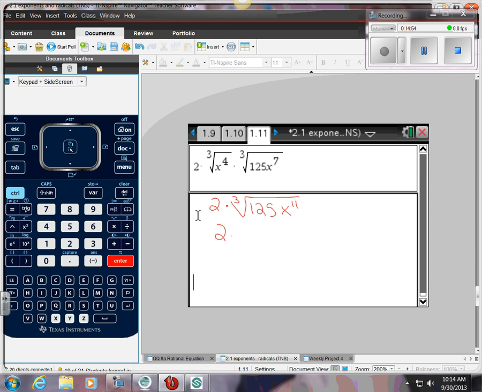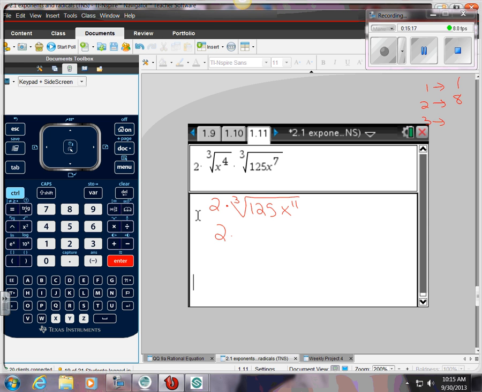Do you guys know your perfect cubes? Let's talk. All right, what's my first perfect cube? 1. 1 times 1 times 1 is 1. 2 times 2 times 2 is 8. 3 times 3 times 3 is what?